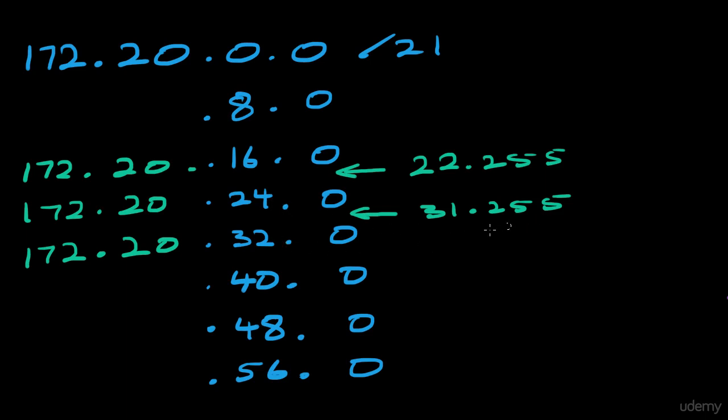Oh, look at this. The network ID is 172.20.32.0. If I went back one, what do I get? 31.255. 31.255 is actually a directed broadcast IP. We'll just make note of that.